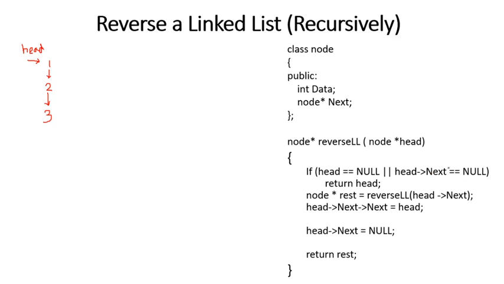If it is null, we return the head. At this point, head arrow next is not equal to null, it contains the address of 2. So it in turn will call reverse 2. So from reverse 1 we have called reverse 2.